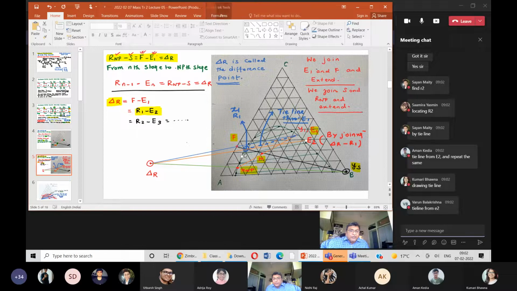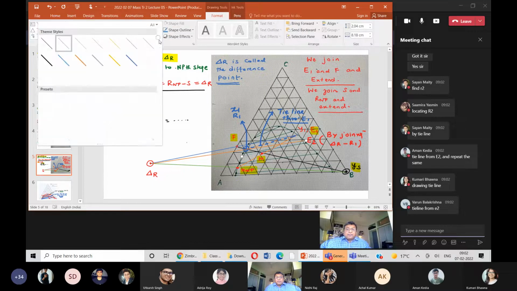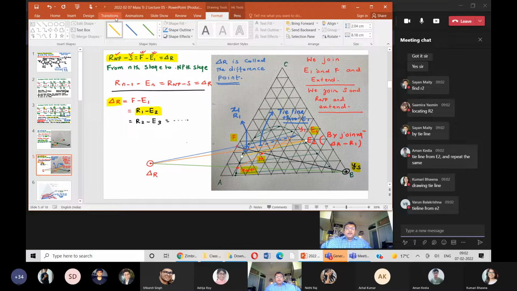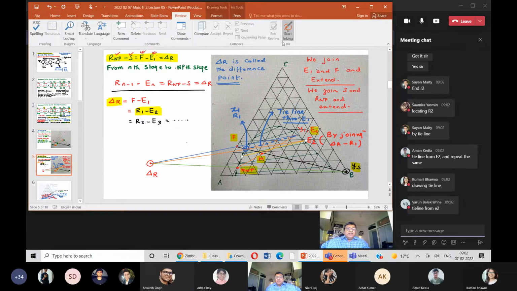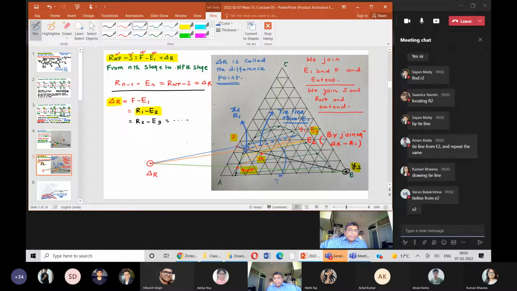Let that be here. So that is going to be which point? Tie line from E2 is going to be, the other end is going to give point R2. So this is not X2, Varun.